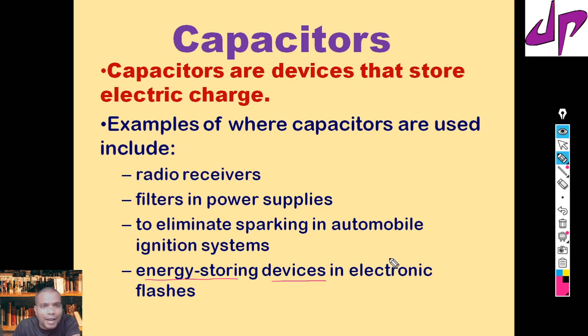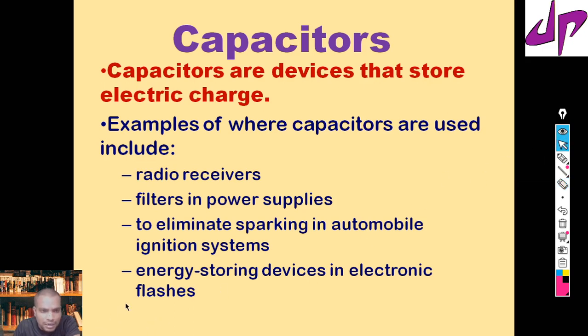They can store energy, that is, charge. They are used in radio receivers, filters, to eliminate sparking in automobile ignition systems, and in a wide range of applications to store electrical energy.